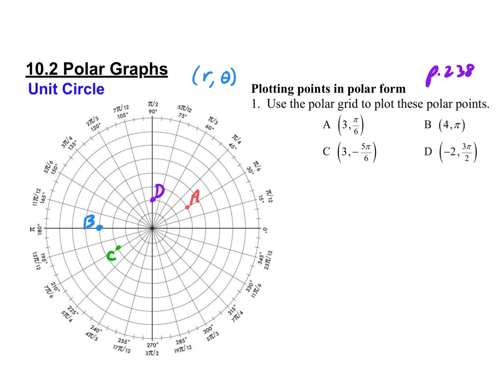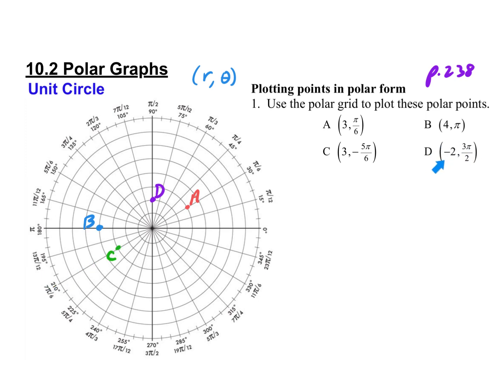What is a positive reference angle that's going to land in the same place as negative 5 pi over 6? That's just a matter of adding 2 pi or subtracting 2 pi. Every rotation around is going to land me in the same spot. So if you add 2 pi to this, you're going to get 7 pi over 6. And so that's where this should be. That's another way to think about it.